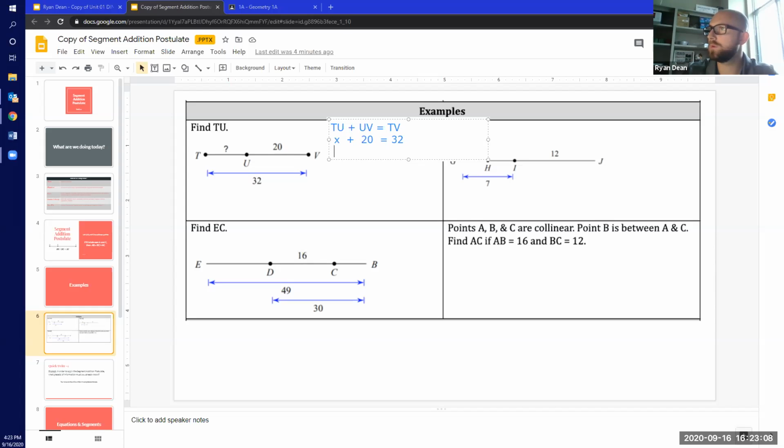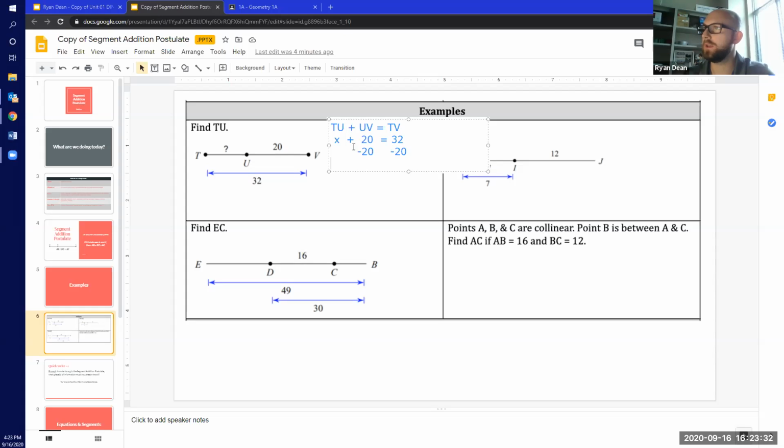So I need to get rid of the 20 on both sides because we don't need it there anymore. So I subtract 20. I'm basically just doing the opposite operation here, right? So we have a positive 20.